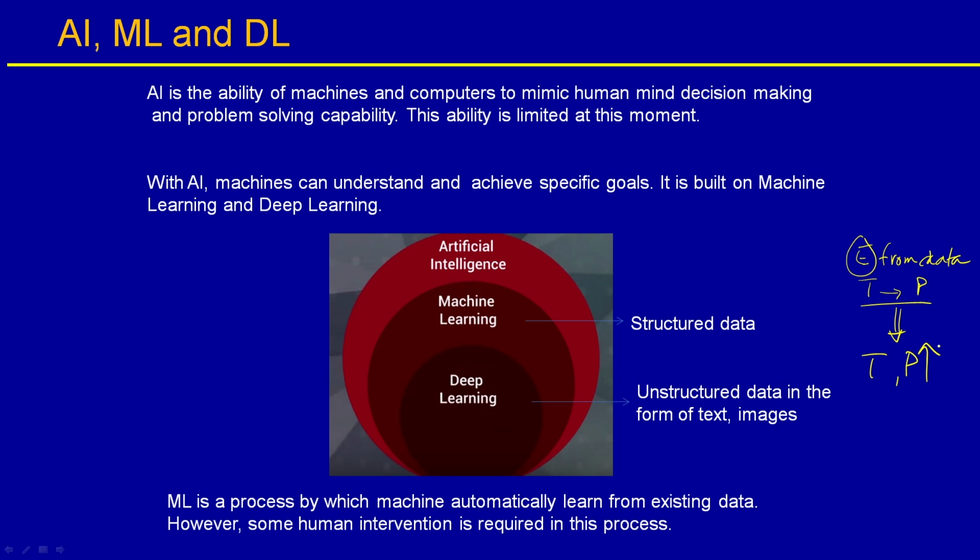Now, machine learning uses structured data. Structured means processed data, right? It cannot use any data you want to feed it. So, therefore, pre-processing of data is an underlying thing when you talk about machine learning. Structured data is basically pre-processed data. But on the other hand, deep learning, which we will talk about in a later part of this course, does not require structured data. It can use any unstructured data in the form of text, images, spectroscopy images, anything.